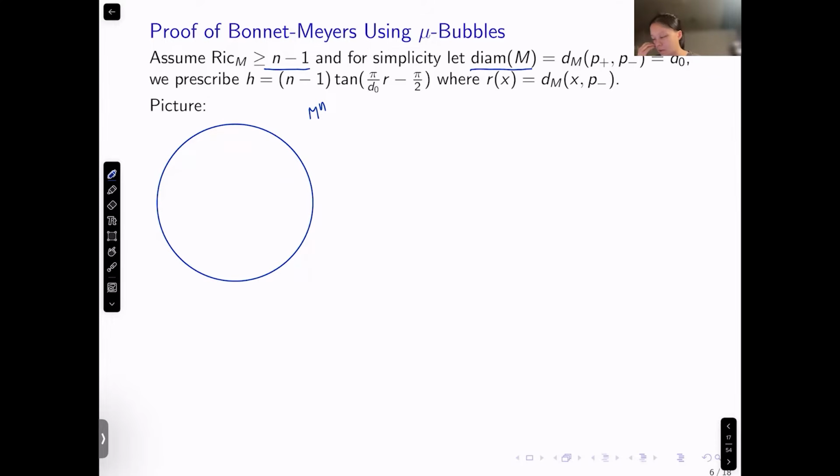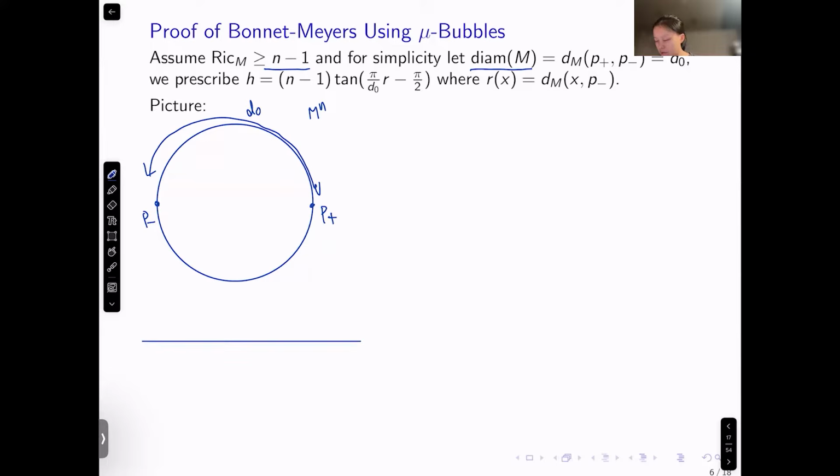Let's say for simplicity that my diameter is obtained by 2 points, p plus and p minus, and their distance is equal to d0.